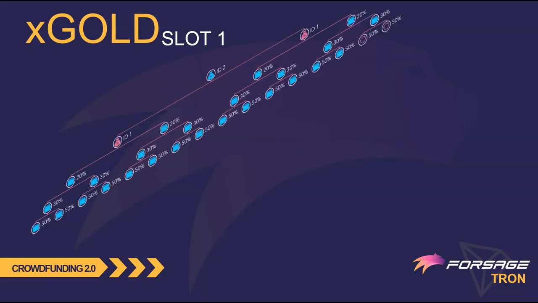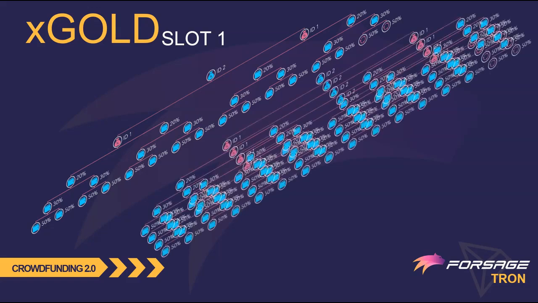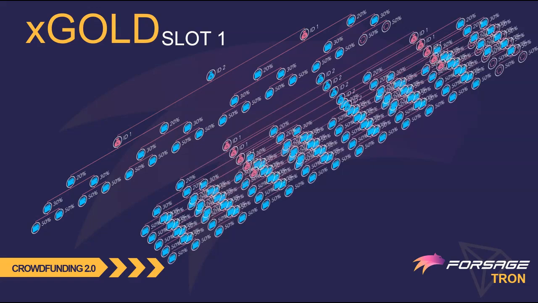And just like X3 and X4, the X Gold structure resets again and again, allowing for you to receive an endless number of contributions that you have full control of how you wish to utilize the funding.